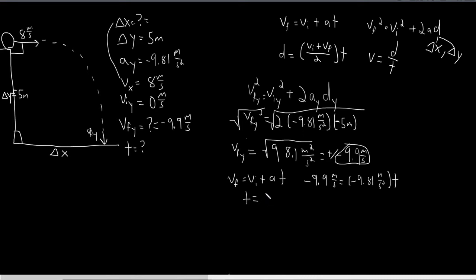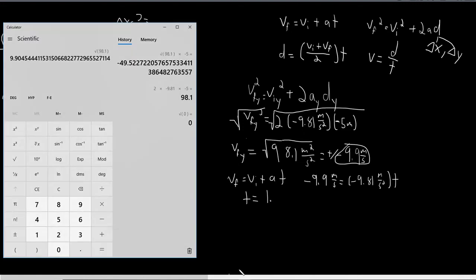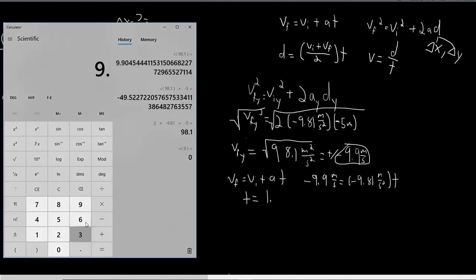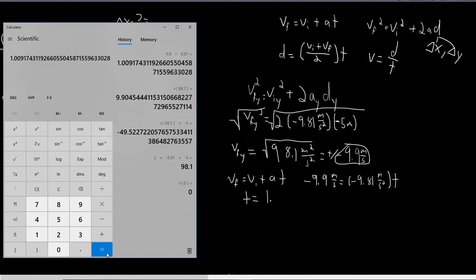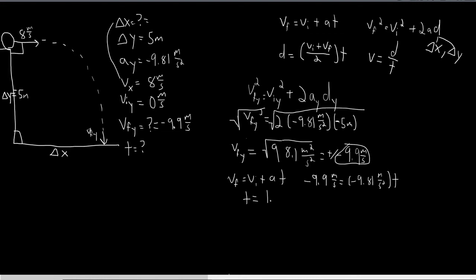I'm going to get an answer that's about 1. So 9.9 divided by 9.81. I know that my negatives are going to cancel. That's why I didn't include them there. You know what? I'm just going to round that to 1 second. Okay, so 1 second. That's how long it takes for this ball to drop.